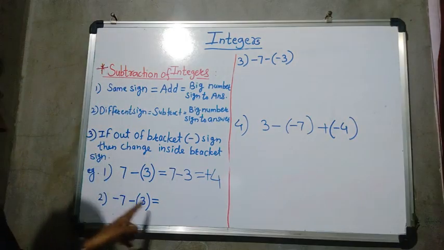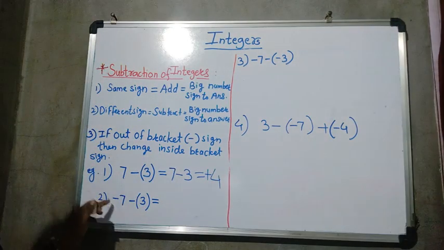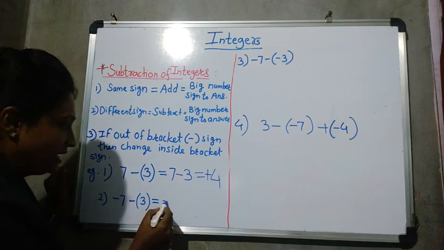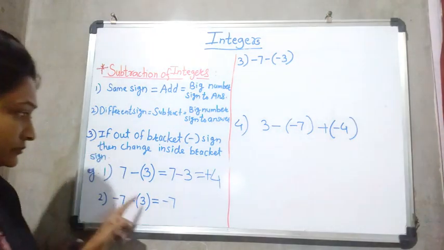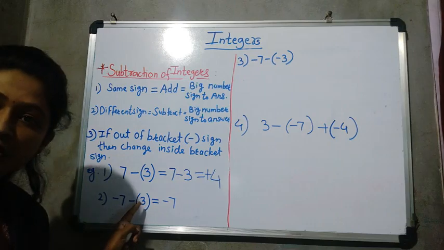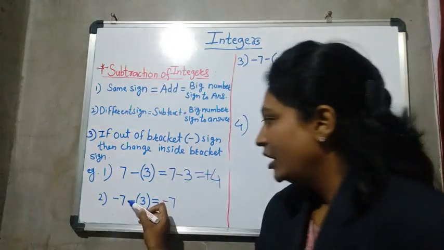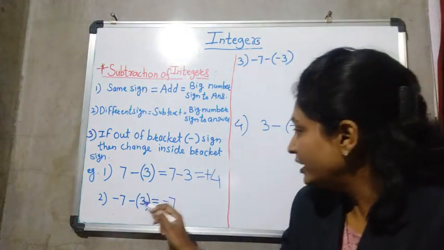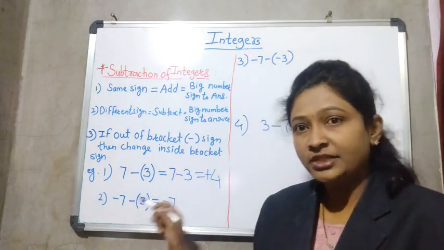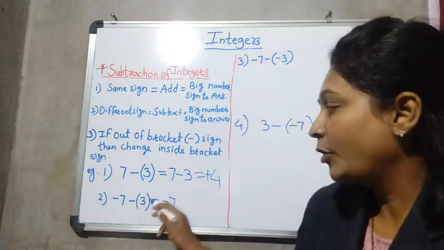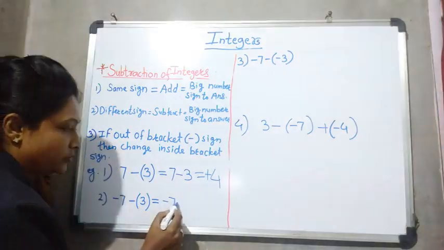Now here it is also the same. Here is minus 7, I am writing it as it is. Inside the bracket positive 3 is there, and outside the bracket a negative sign is there. I told you that if the outside bracket has a negative sign, the inside sign will change. So positive 3 will become negative 3.